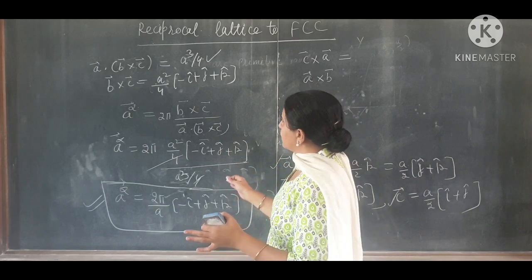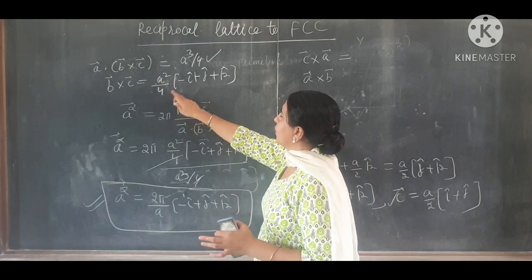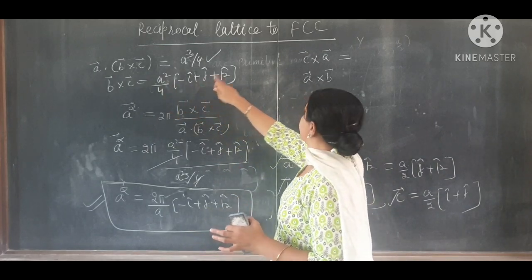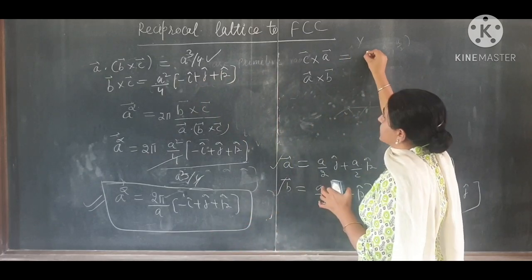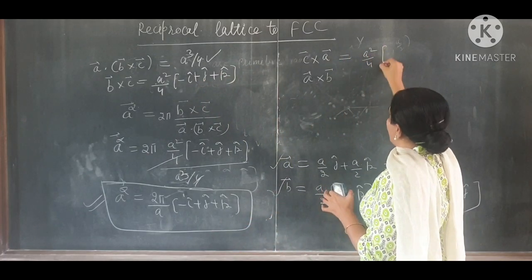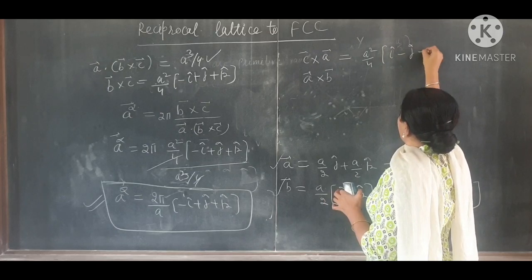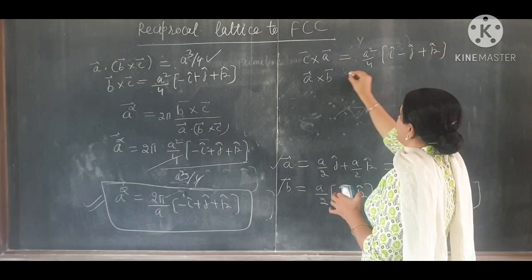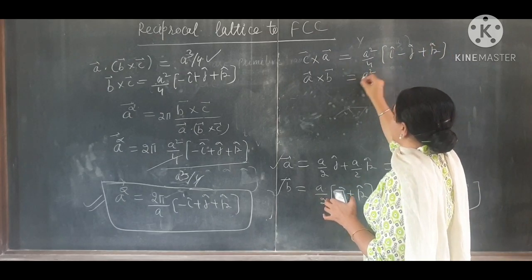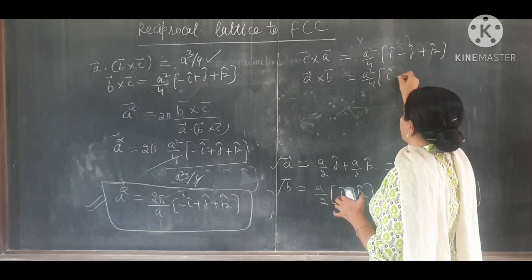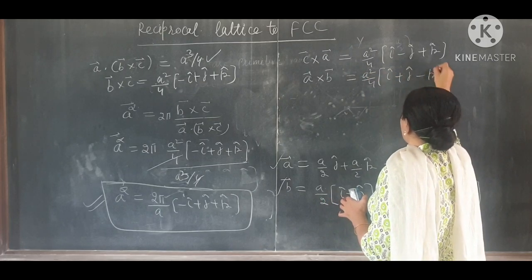When you put the values, b cross c is a square by 4 i cap minus j cap plus k cap, and a cross b is a square by 4 i cap plus j cap minus k cap.